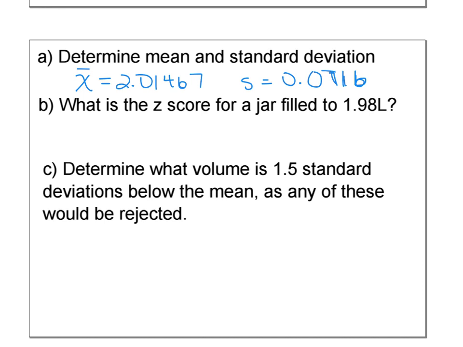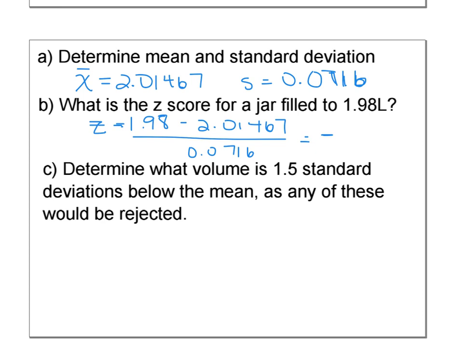So we want to know, what is the z-score for a jar filled to 1.98 liters? So we're going to use our formula. So z equals x, which is 1.98, because that's what they gave us in the question, minus x bar, which we just found was 2.01467, over s, 0.0716, and that equals negative 0.4842.